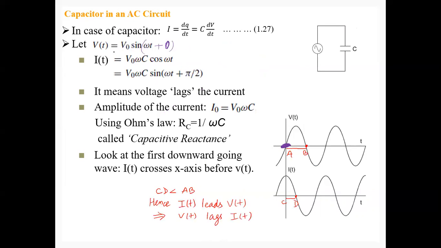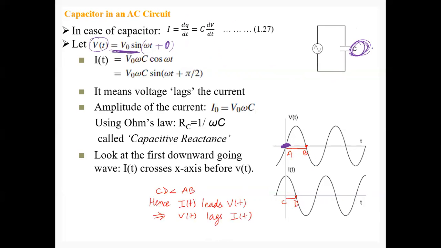Now I'm trying to relate current and voltage, right? This is my voltage. So what is the current through the capacitor? What is the definition? I know current is I equals dQ over dt. That's the definition of current.